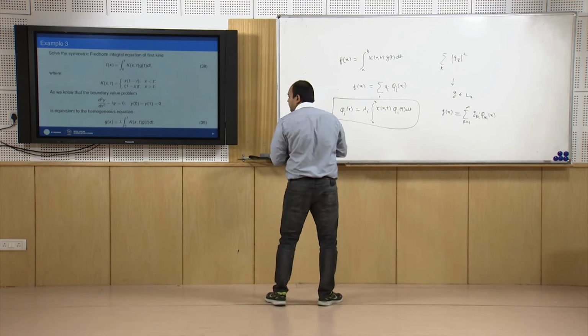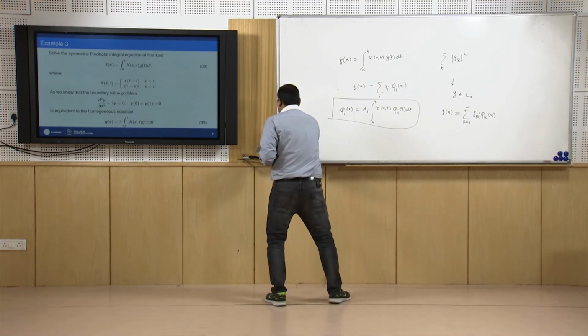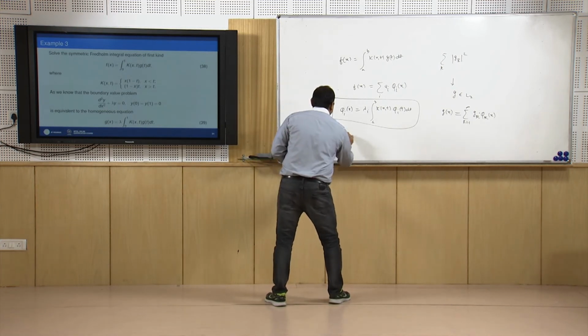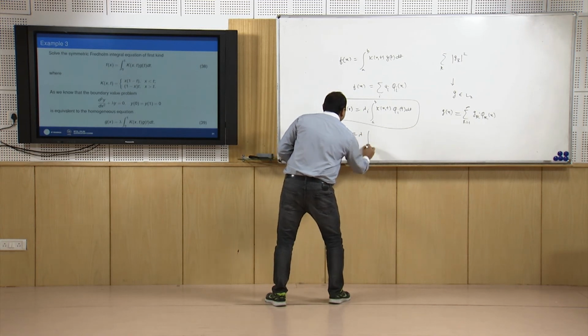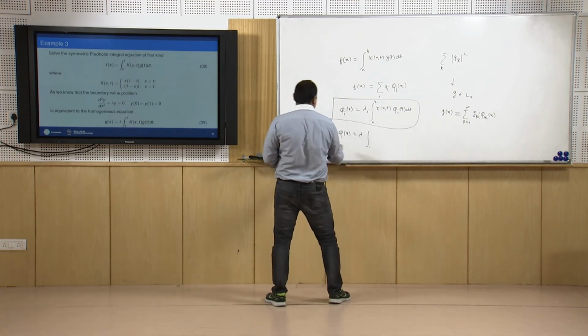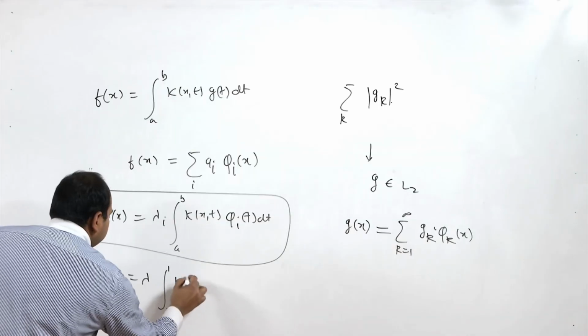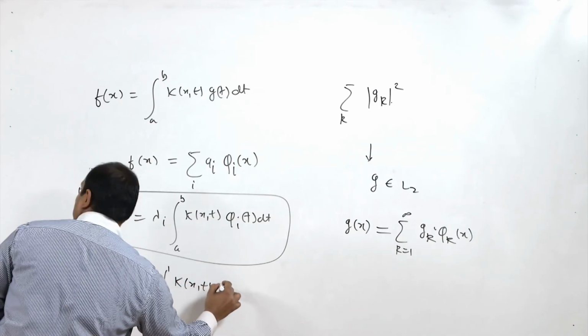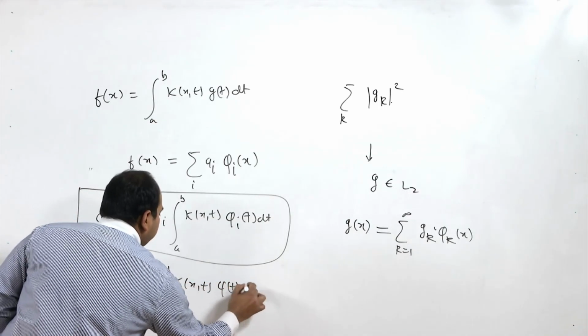Let me write it here: phi of x equal to lambda times the integral from 0 to 1 of k of x,t phi of t dt.